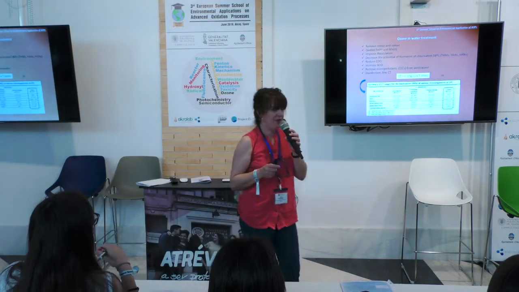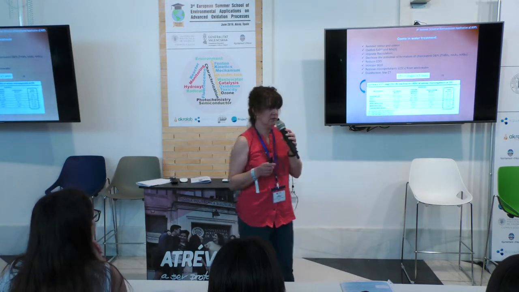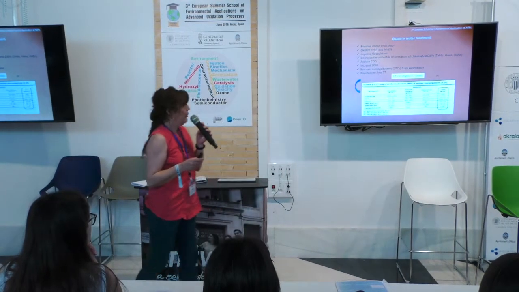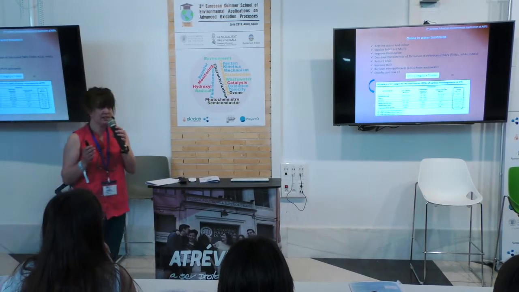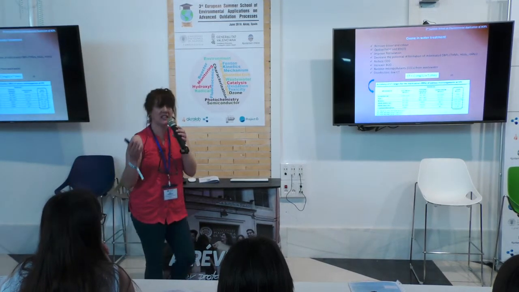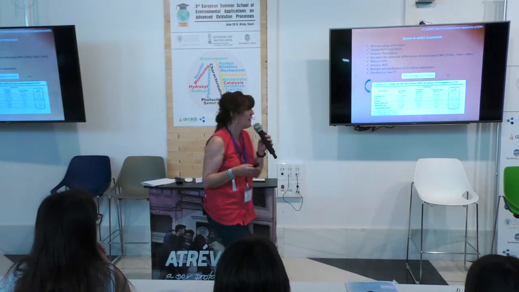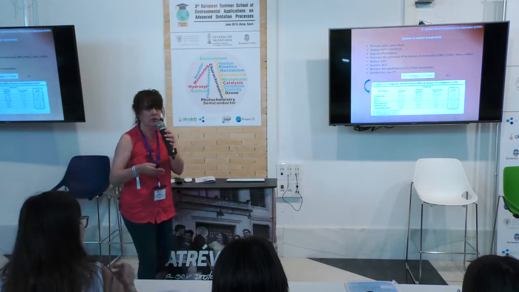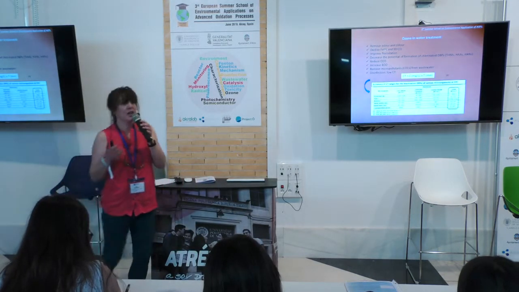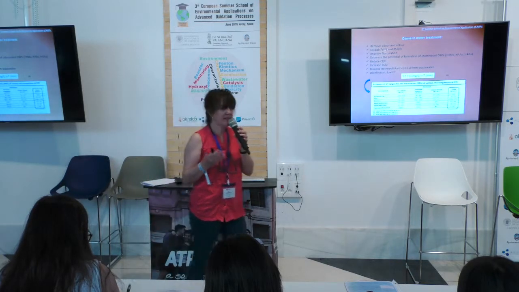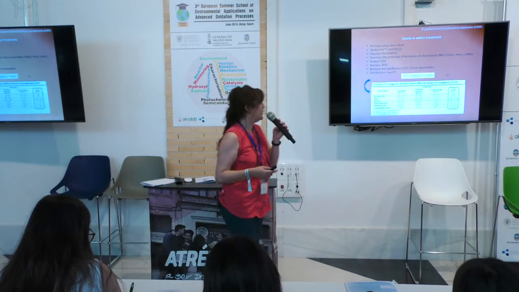I don't know if you are familiar with the CT concept in disinfection. Well, CT is the mathematical product of C times T. C is the concentration of the disinfectant in milligrams per liter, chlorine, ozone, chloramine, whatever. And T is the time in minutes that this disinfectant is in contact with the water.